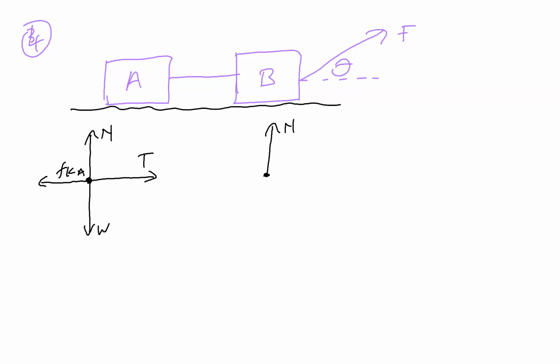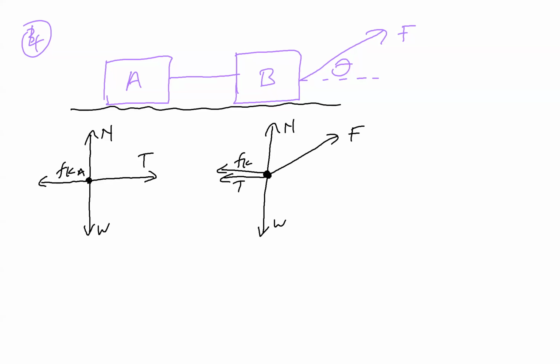Okay. It's the force in a rope, ne, that connects the two objects. Then we have weight, we have F applied there. We have Fk, and we also have tension. So this is the force acting on B.